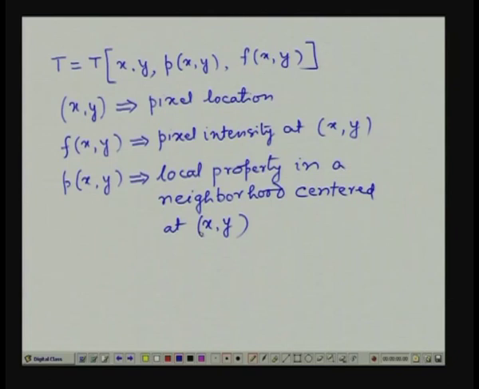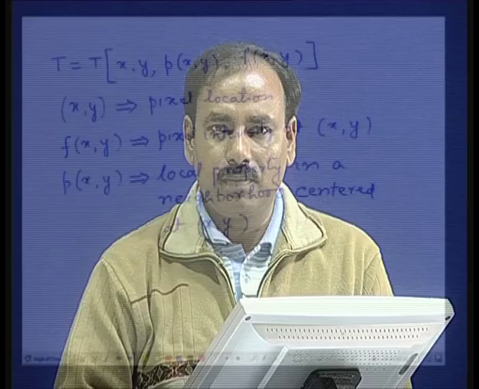So, in general, this threshold t can be a function of the pixel location, the pixel value, as well as the local property within a neighborhood around a pixel location x y. So, any combination of these three, that is pixel location, pixel value and neighborhood property.